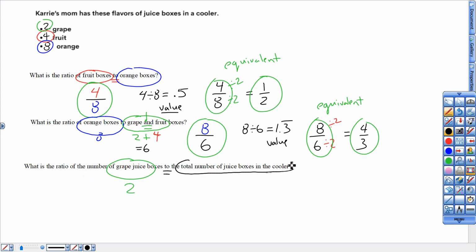number of juice boxes. So total, I got to take 2 plus 4 plus 8 to get a total of 6 plus 8, get a total of 14. So the ratio of grape to the total number is 2 compared to the total of 14. That is the ratio.